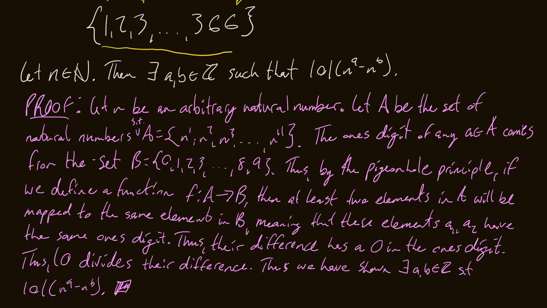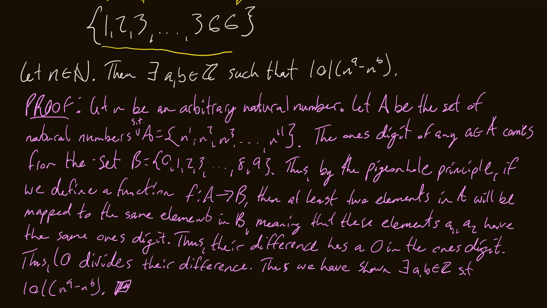So does that make sense? If we take an arbitrary natural number n and raise n to powers, we could have n to the first, second, third, and so on, up to n to the 11th. All of these numbers are going to end with either a 0, 1, 2, 3, 4, 5, 6, 7, 8, or 9.